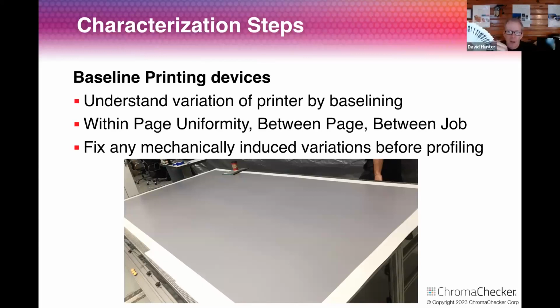You'll probably have a different ink limit for the coated paper than the uncoated paper, so you might have 2 calibrations for a large format. But with a digital press, you can typically just do 1 calibration for almost all paper stocks.